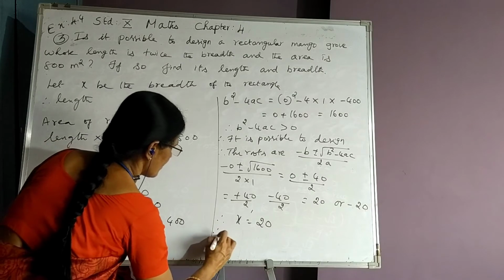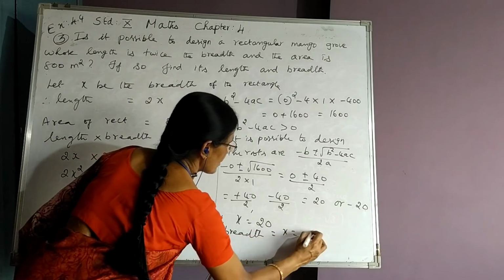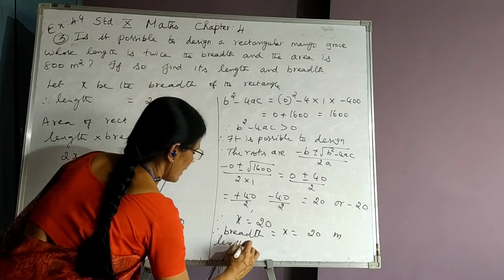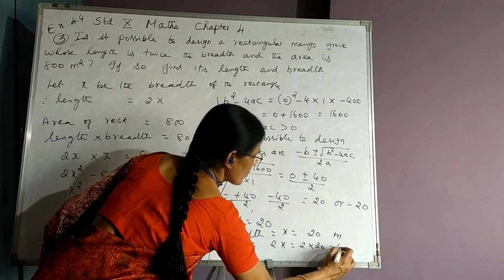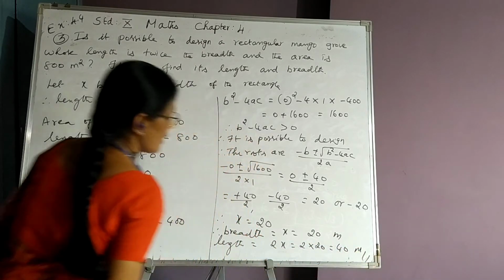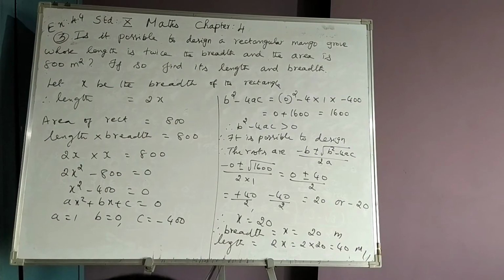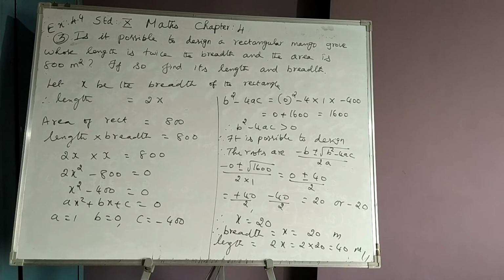Therefore, breadth is equal to x, which is equal to 20 meters, and length equal to twice the breadth, 2 into 20, which is equal to 40 meters. Therefore, the length of the rectangle is 40 meters and the breadth of the rectangle is 20 meters.